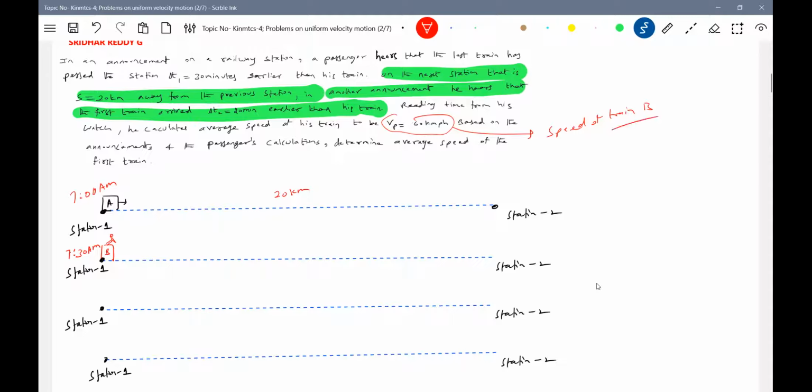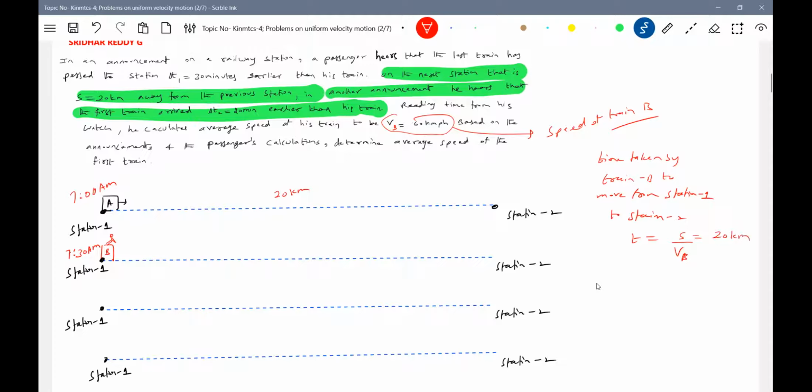This is the speed of train B, in which the passenger is. Then what is the distance? 20 kilometers, and the speed is 60 kilometers per hour. So the time taken by train B to move from station 1 to station 2: the distance is 20 kilometers, divided by the speed of the train, VB.